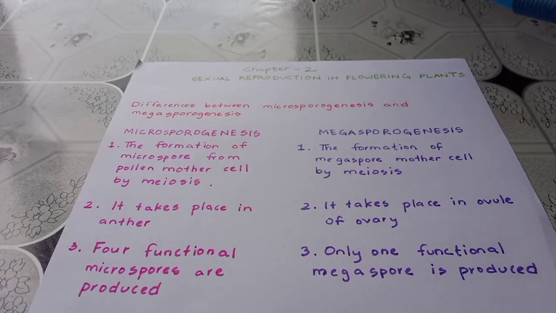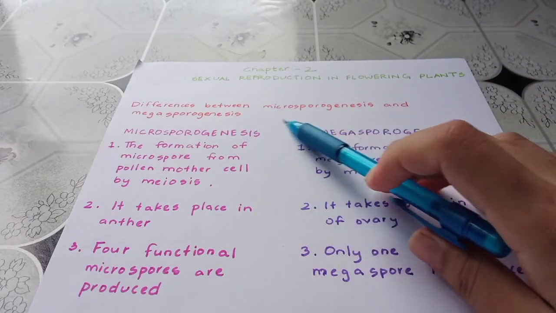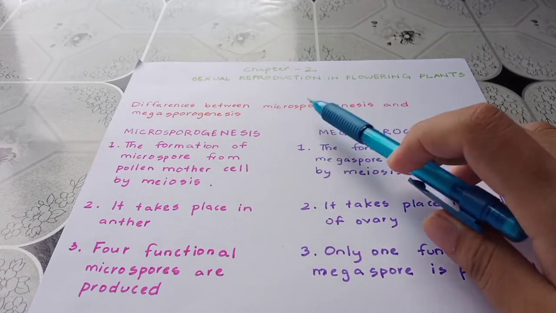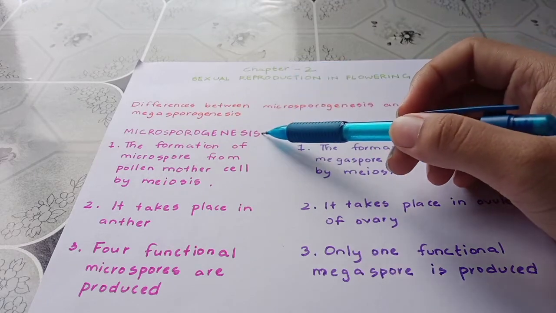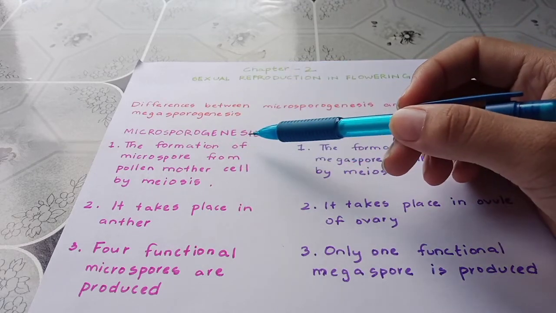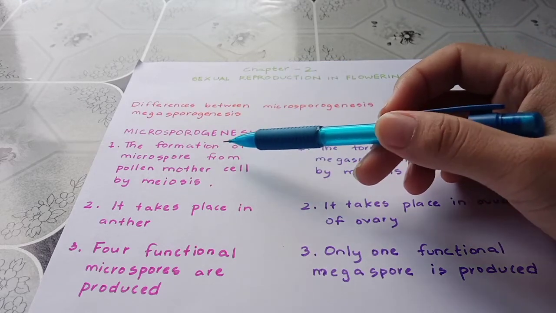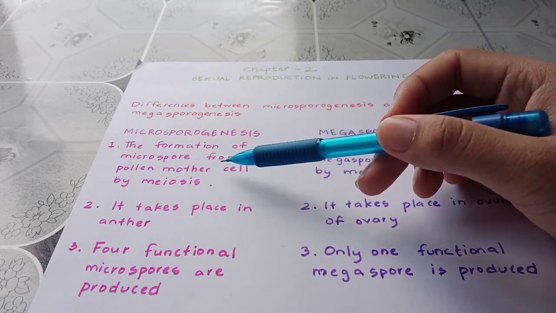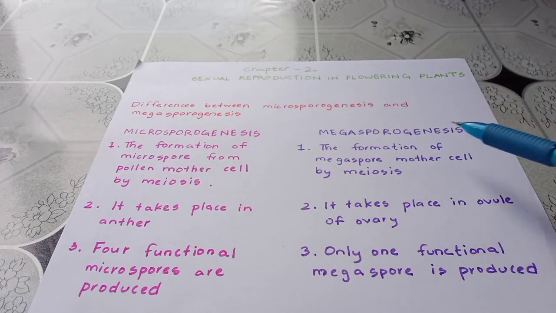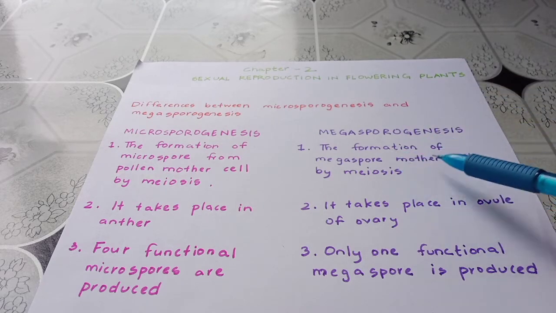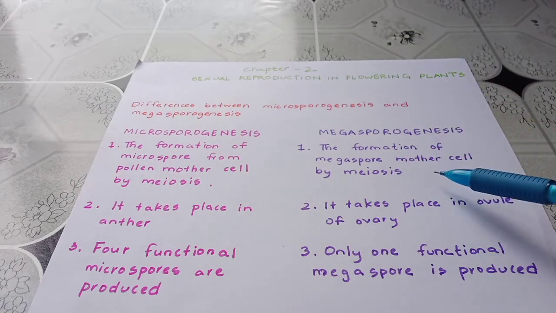Now let's try to differentiate between microsporogenesis and megasporogenesis. Microsporogenesis is the formation of microspores from the pollen mother cell by meiosis, and megasporogenesis is the formation of megaspores from the megaspore mother cell by meiosis.